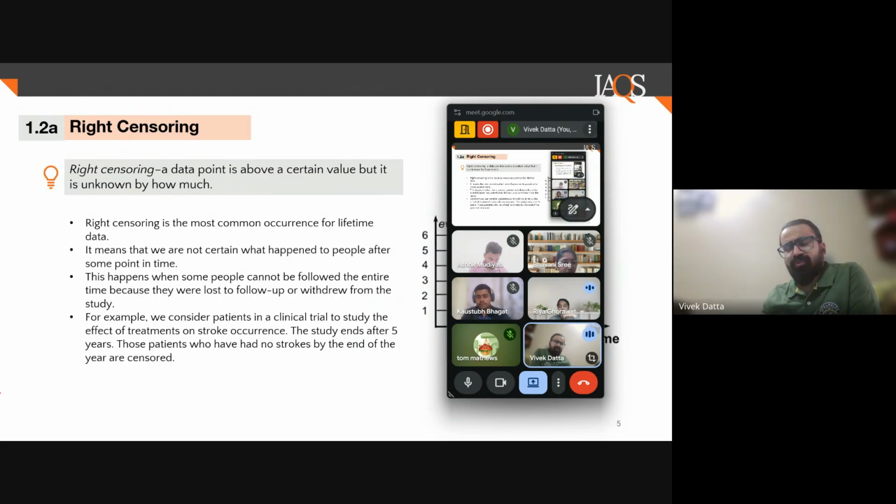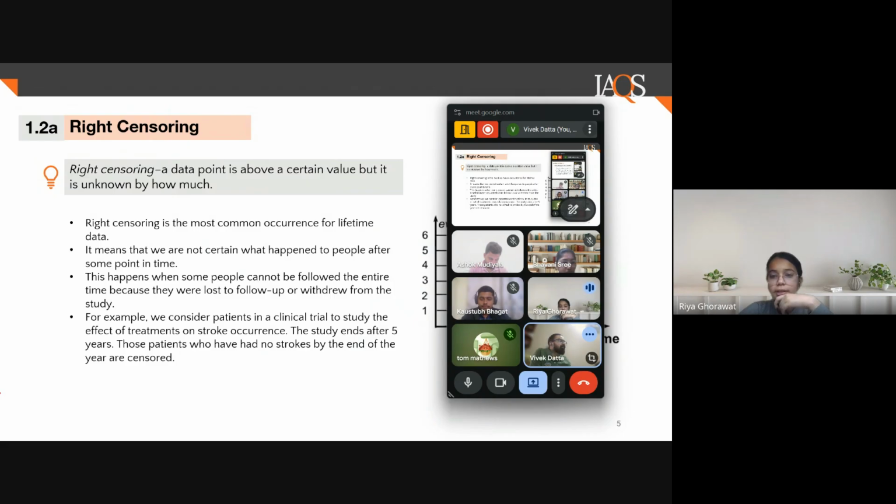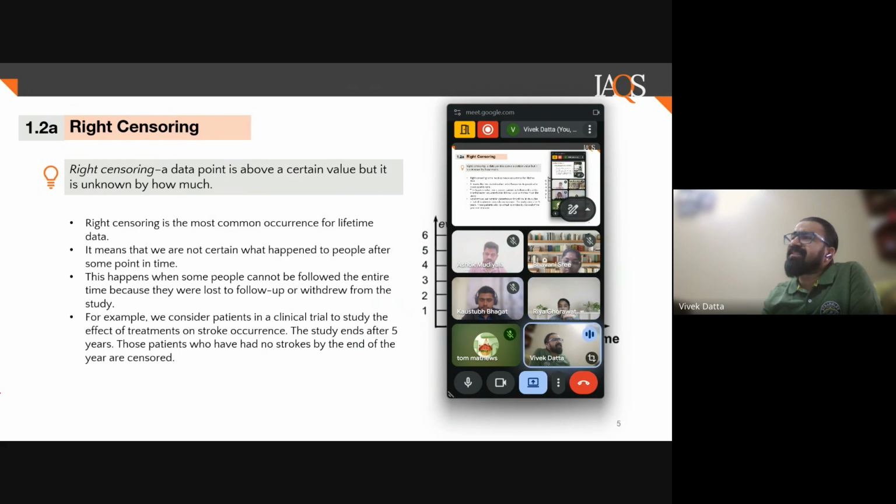Like in the example, he withdraws from the course because he finds the course tough. So how is it right censoring and also informative at the same time? That got me confused. Right censoring is beyond that point, from the point where he says I'm withdrawing, I don't know anything that happens to him. From a timeline perspective, that is on the right side.